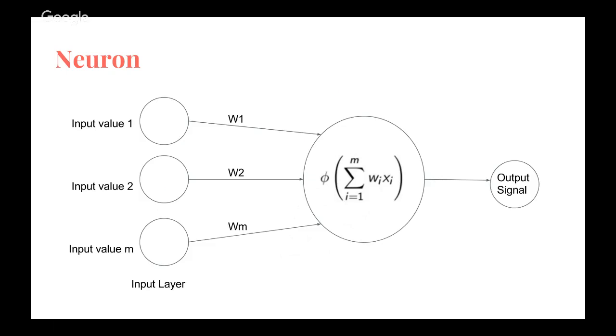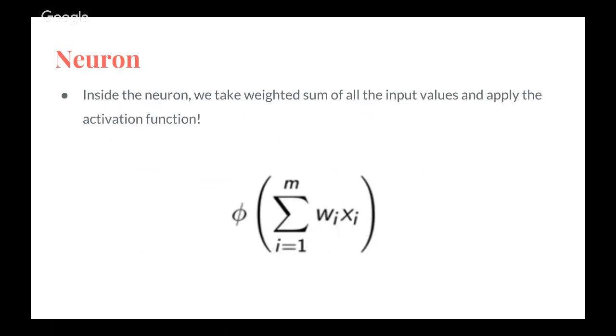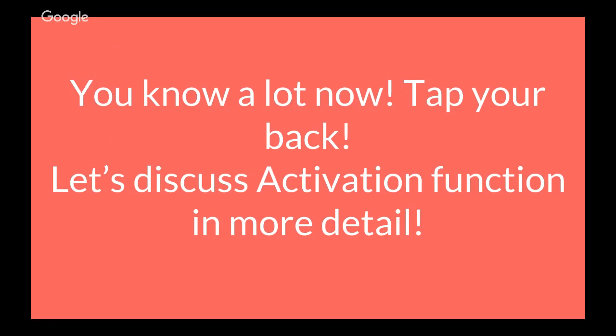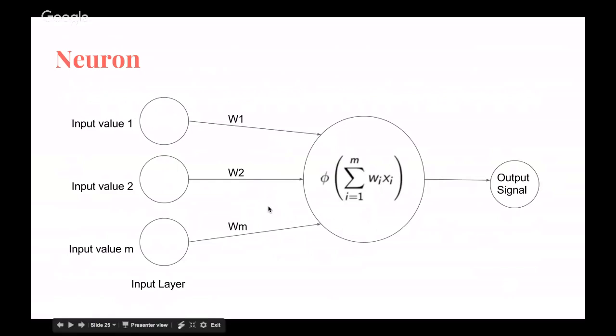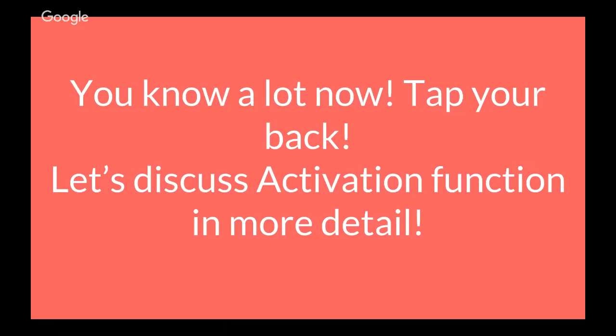I'll tell you how it works right now. But apart from the activation function, you have learned a lot till now. You know we have input values, we have weights, and we have a neuron which uses an activation function on the weighted sum and provides us an output. Simple, right? We'll now discuss the activation function in more detail.